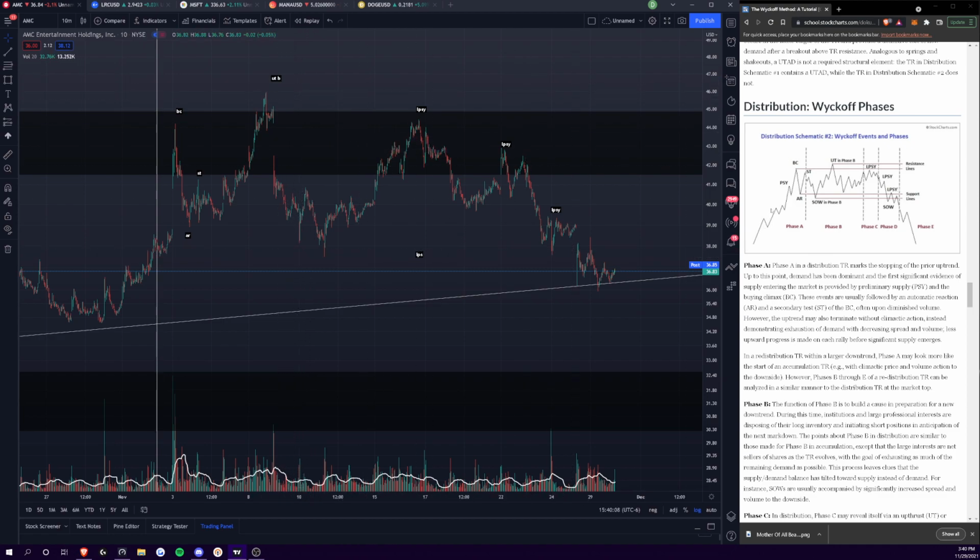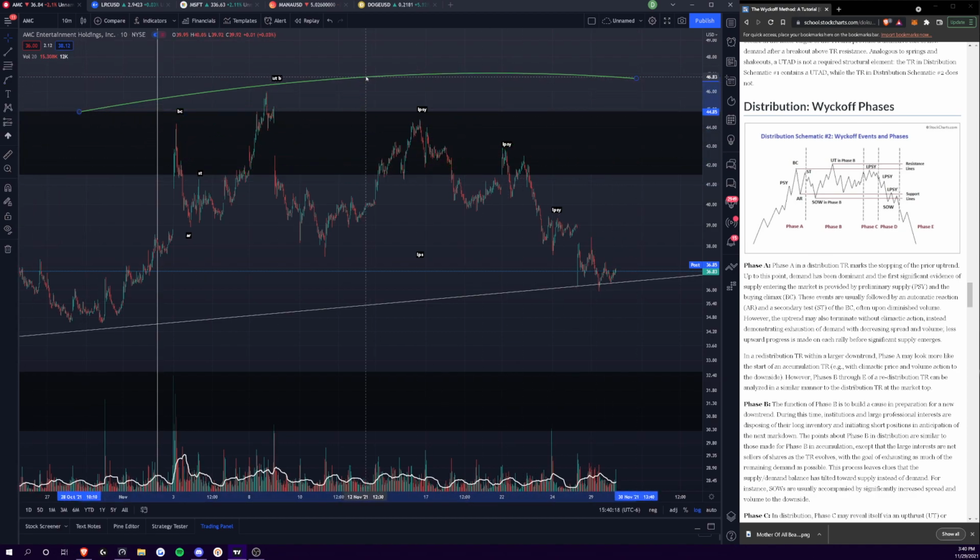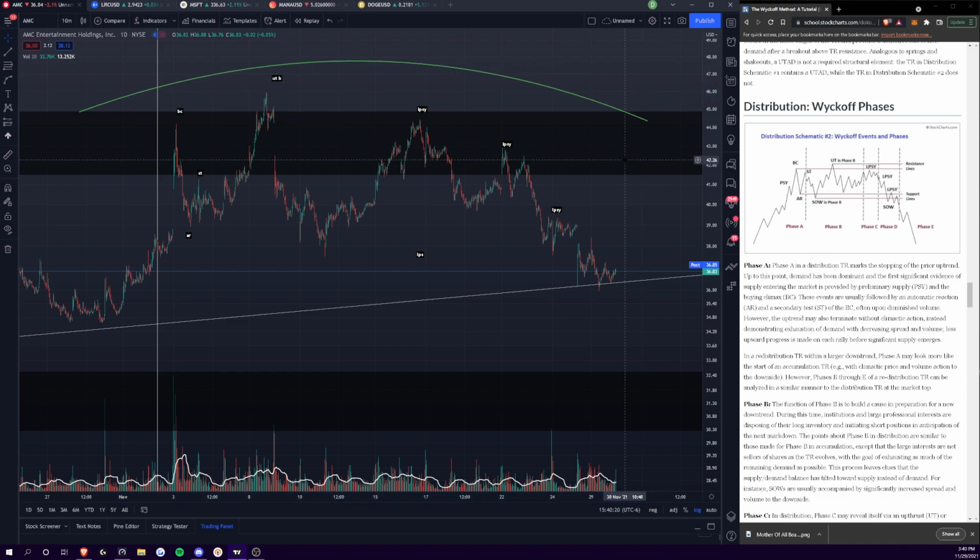You can see in the schematic that usually you kind of end up where you left off, right? So the goal here is for institutions to sell off, to distribute their stock at a higher price than what they bought it for.